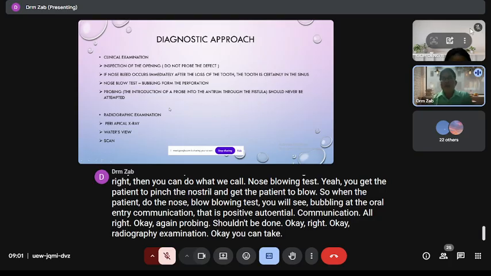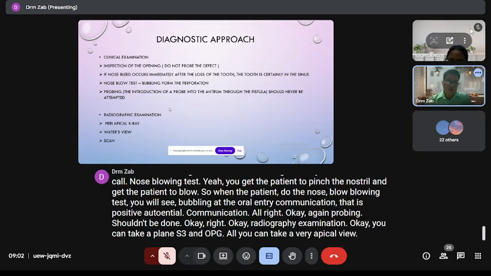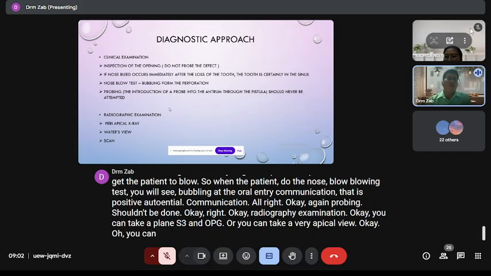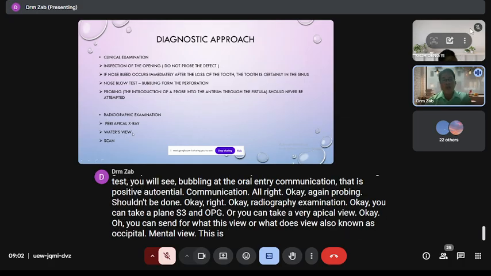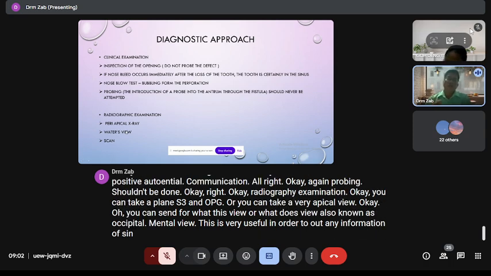Radiographic examination. You can take a plain X-ray and OPG, or a periapical view, or you can send for the Waters view, also known as the occipitomental view. This is very useful to rule out any sinusitis or pathological changes in the sinus.